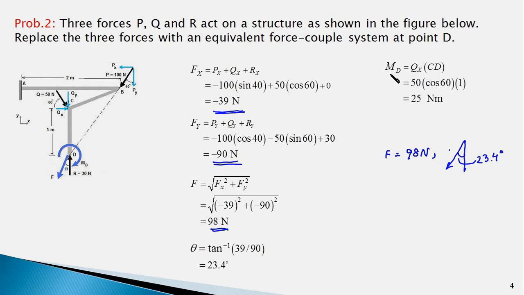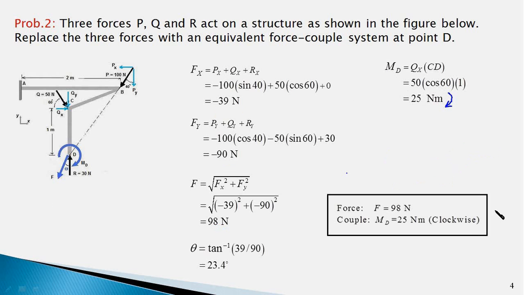Therefore, the moment of the couple would be Qx times CD. Qx is 50 cos 60, CD is 1, and therefore it will be 25 Newton meter in clockwise direction.